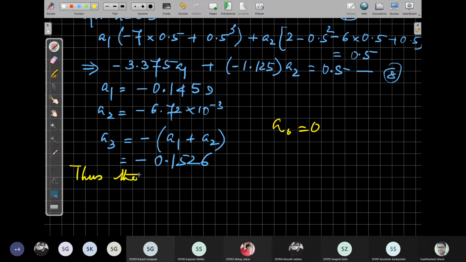the solution. So thus the solution is, what can you tell me about the solution? Y equals A0, which is 0.